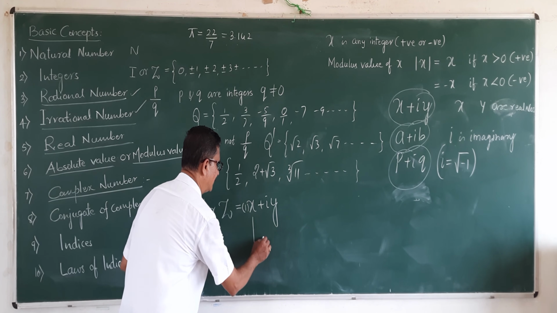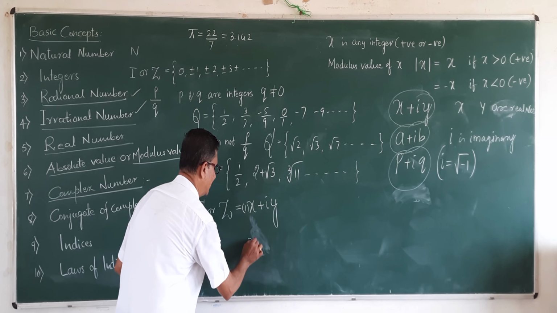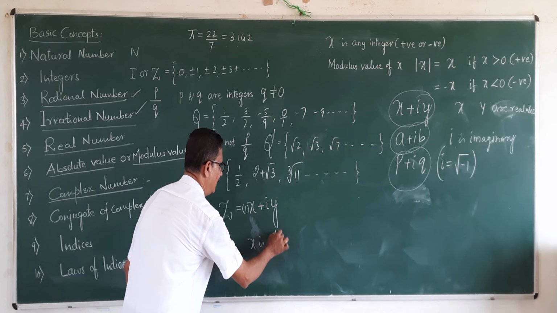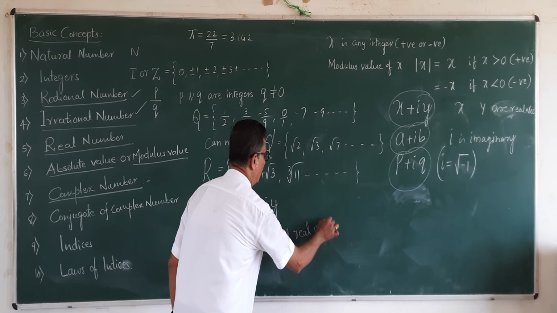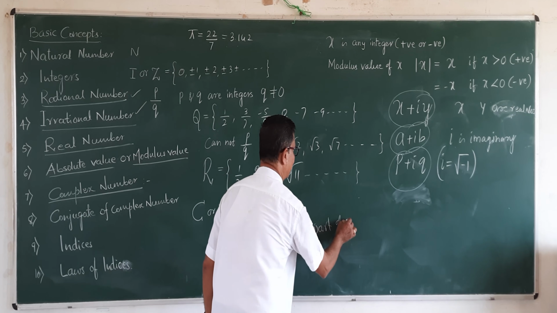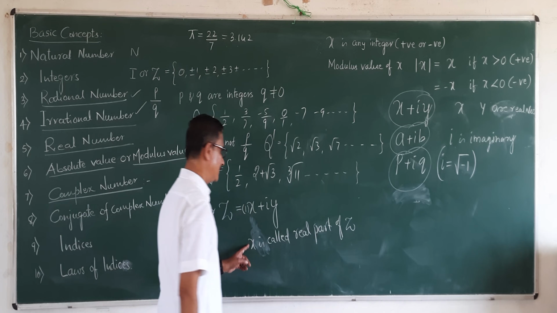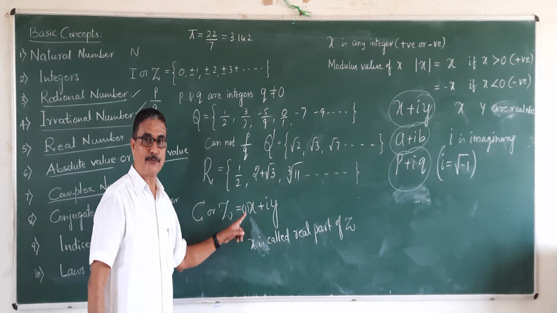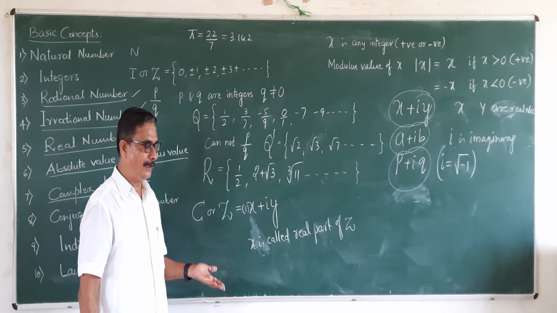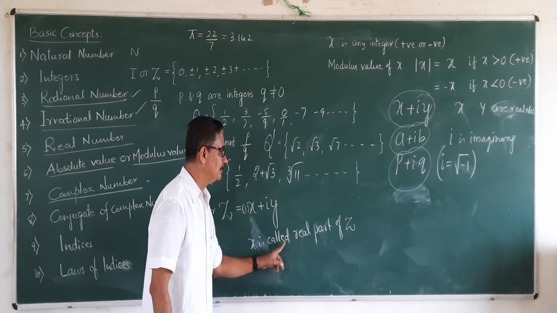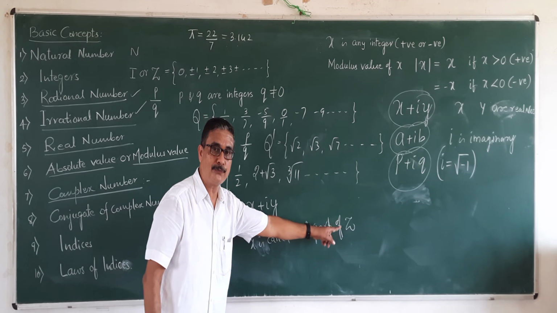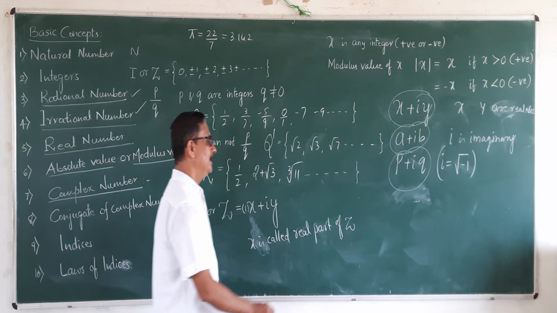Therefore x is called the real part of complex number denoted by z, because coefficient of x is 1, it is a real number. Therefore x is called real part of complex number z.